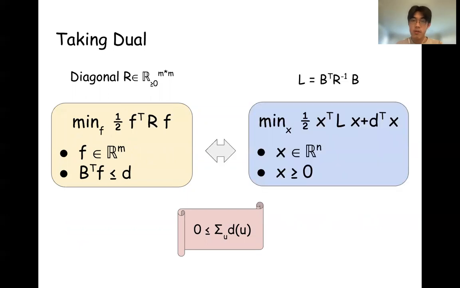By taking the dual, the problem becomes a non-negative quadratic programming problem on the Laplacian matrix. That is, this matrix B transpose R inverse B, where B is the edge-vertex incidence matrix of the graph G, and R is the diagonal matrix that encodes the edge weights. And for the rest of this talk, we will focus on this dual problem.